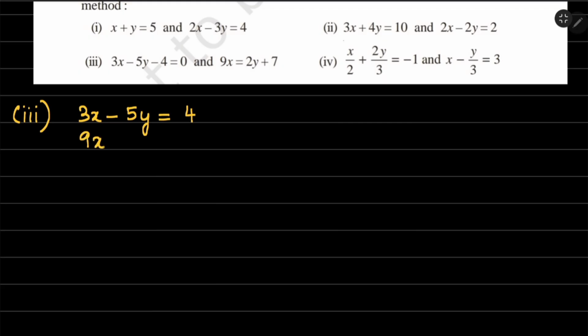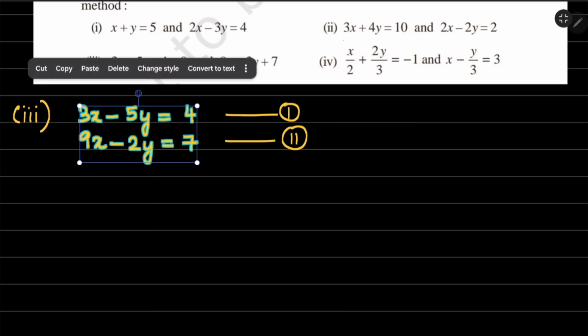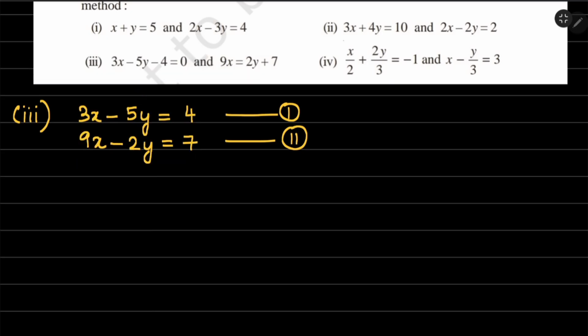And 9x, I'll bring minus 2y to the left hand side. So 9x minus 2y is equal to 7. Right? Now, let this be your equation 1 and let this be equation 2. Let me copy it so that I can use it for my substitution method as well. So the first method that we will be using is the elimination method.